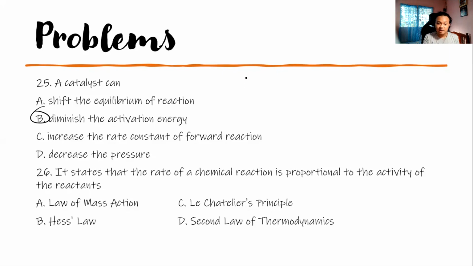Why? As you can see here, this is the activation energy of the uncatalyzed reaction. Okay, let's assume that. But if we use a catalyst, the activation energy actually lowers.